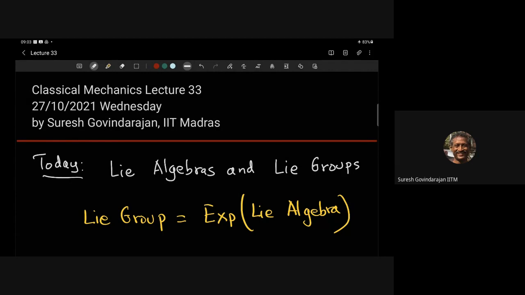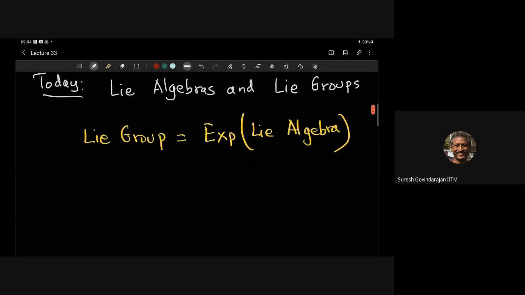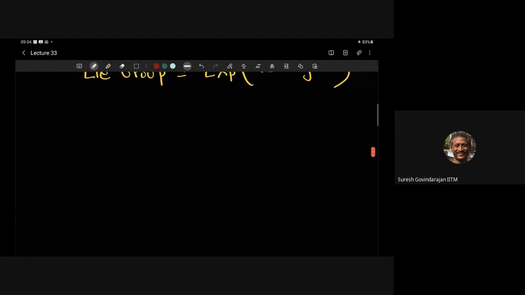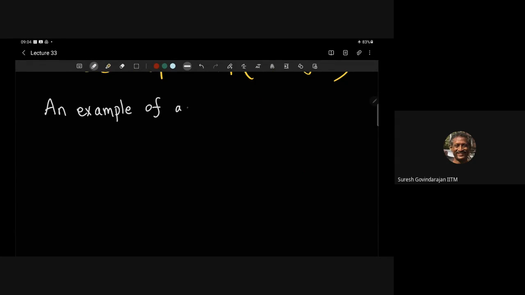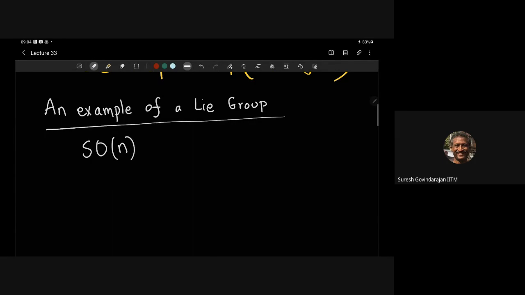Okay, so this is not a mathematics course, so we always start with examples and try to see where that fits in. So we won't do the most general theory of Lie groups or anything. So we start with an example. Okay, so the example is SO(N). What is SO(N)?